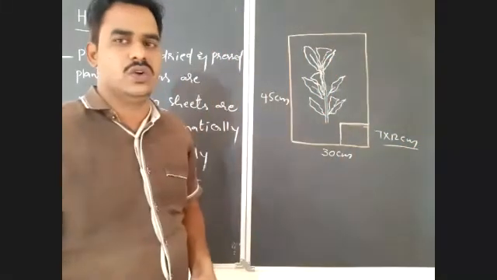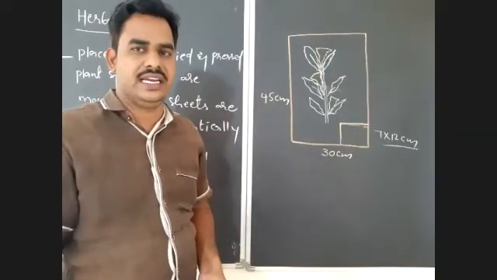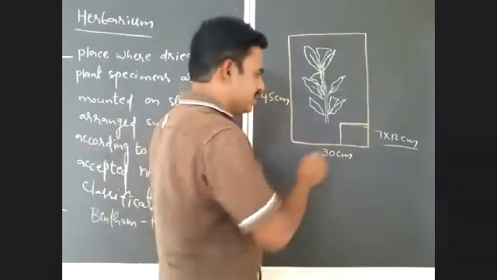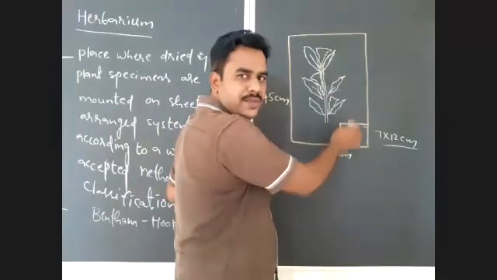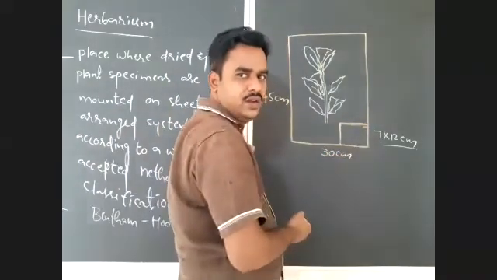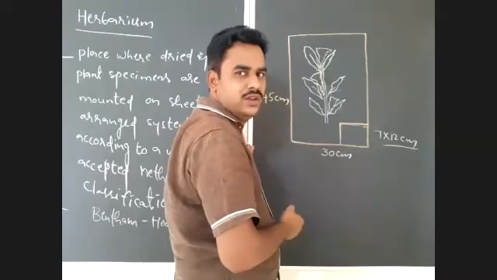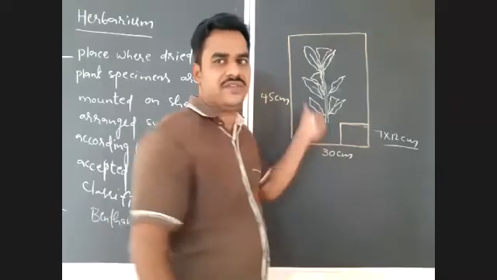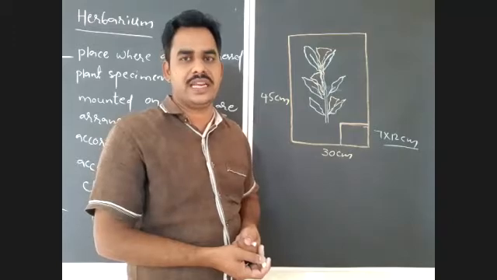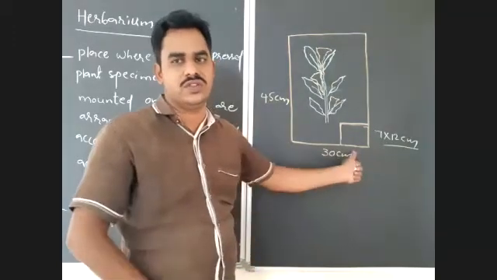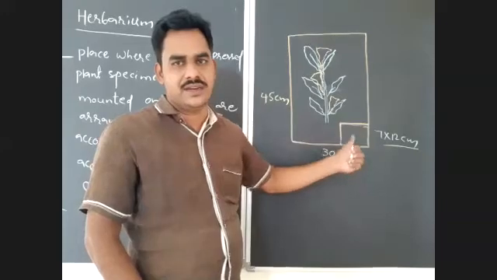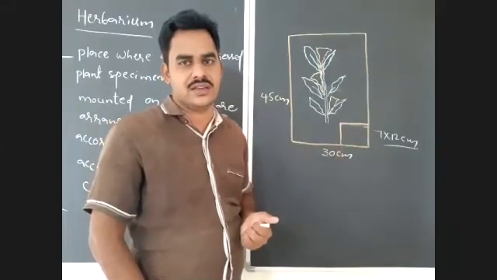There is a place at the lower right corner, which is mainly to mention the classification of this plant, or the systematic position of this plant. We have to use this space at the lower right corner.